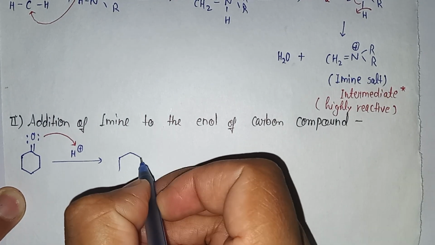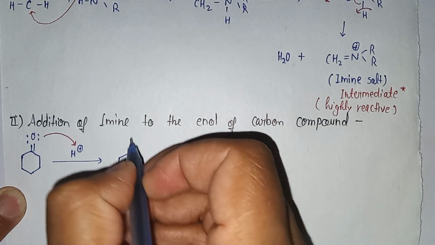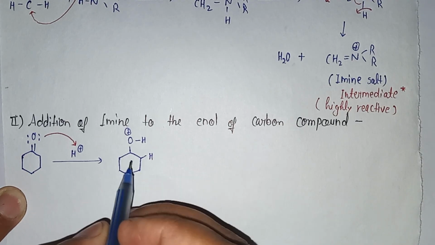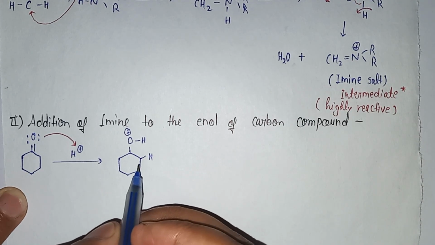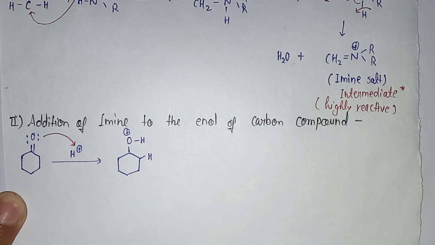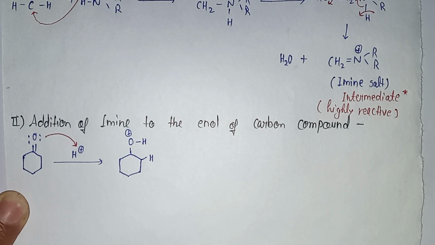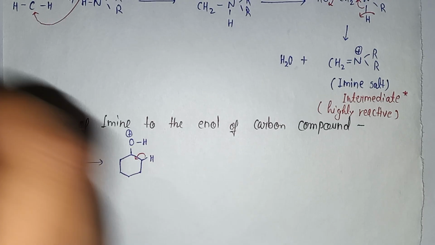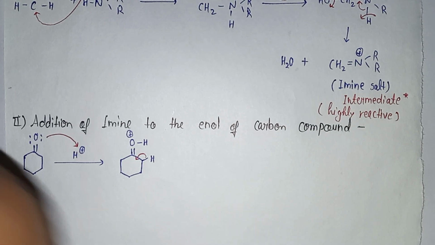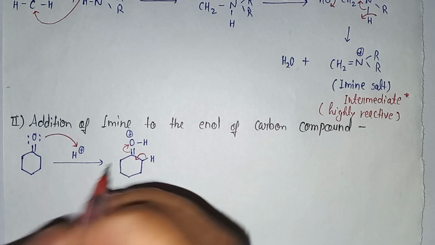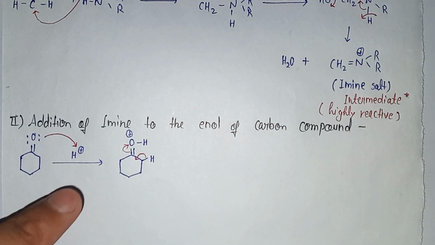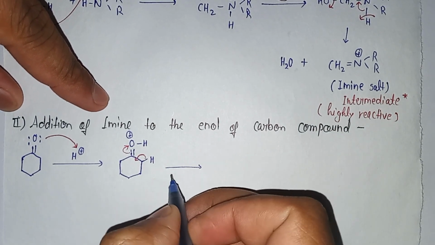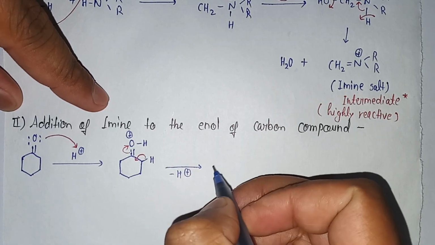So this proton is attached to this oxygen, and here is the acidic hydrogen present with respect to this carbonyl compound. Understand? Now this bond shifts inside the ring, and this pi bond shifts to the oxygen, and this vanishes the positive charge. This is also a deprotonation reaction.